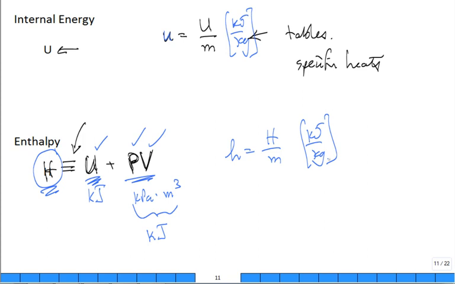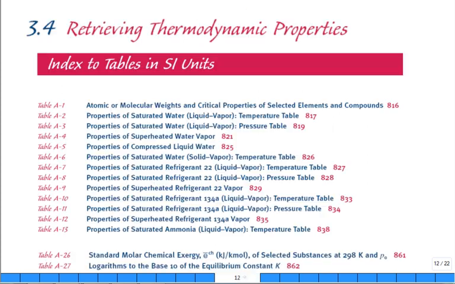Different meaning, u and h are not the same. They're similar, but they have exactly the same units. So you can't use units to distinguish sometimes and find an error in your work. Sometimes units help you identify an error, sometimes they can't. We need to figure out how to go get those values out of tables.